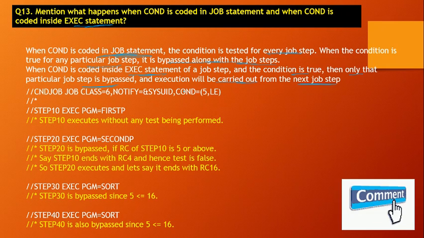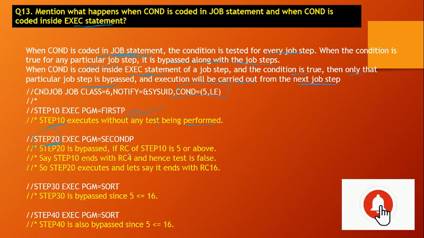Say we have the COND parameter in our job card. Step 10 will execute without any test being performed. The first step will run without any condition or checking anything. Then we have step 20. While running the second step, it will check the return code of the previous step.